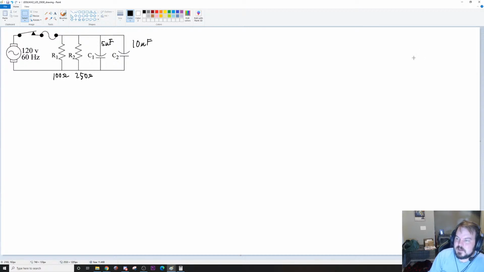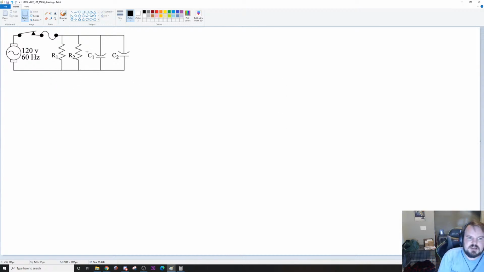So capacitors in parallel combine like resistors in series, but whenever you go to X of C, it works just like resistance. So that's why I suggest doing X of C. So let's grab that, clear that, and clear that.